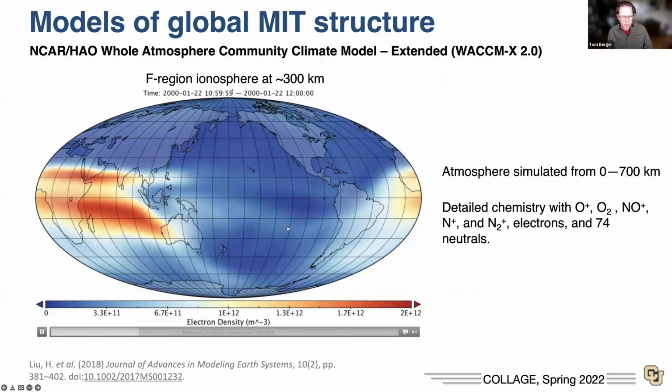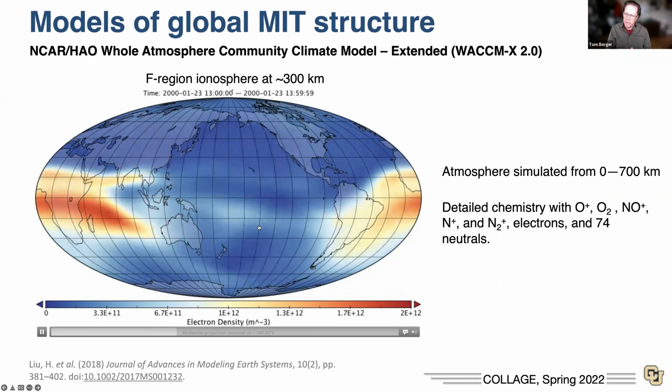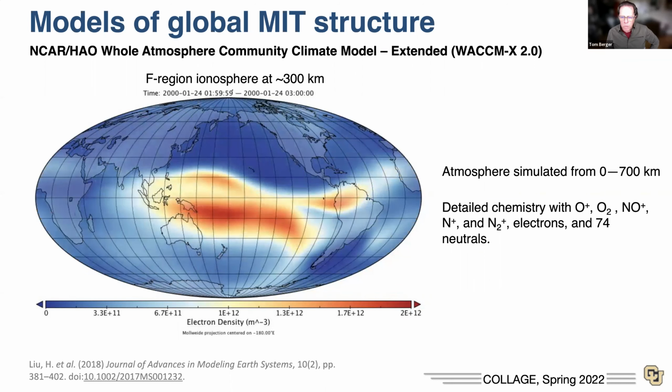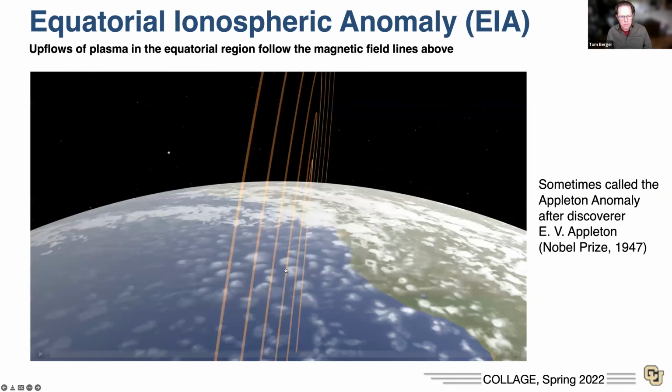Another thing interesting to note here, though, is there are always these two bands of ionization around the magnetic equator. And what's going on there? What's going on there is called the equatorial ionospheric anomaly, or EIA, sometimes also called the Appleton anomaly, after the person who discovered it and won the Nobel Prize in 1947 for the discovery.